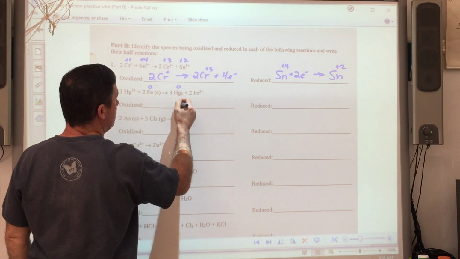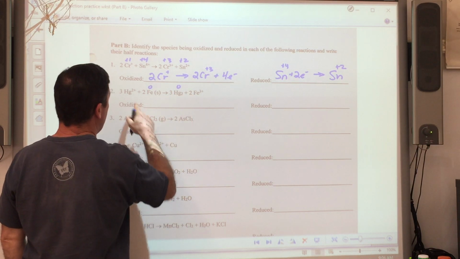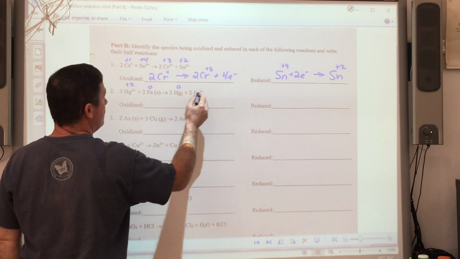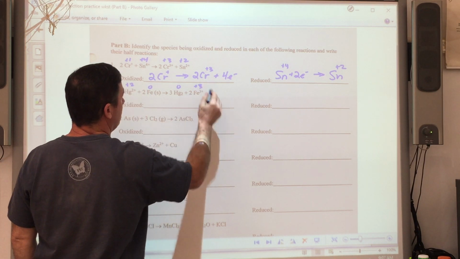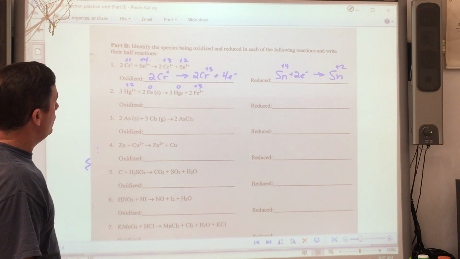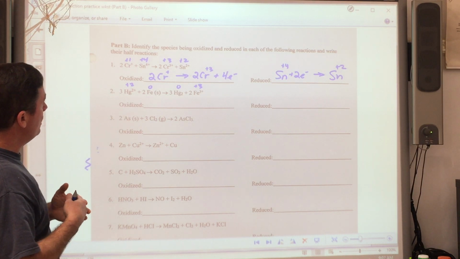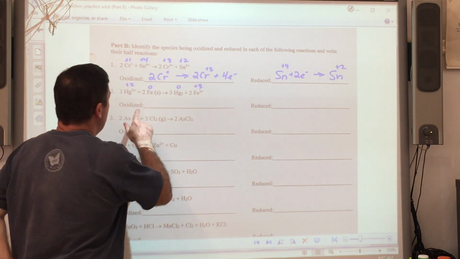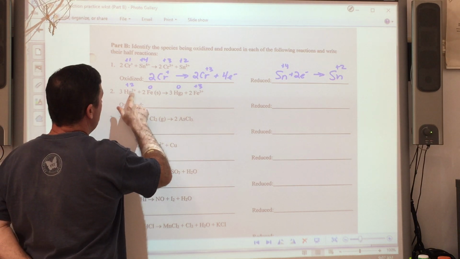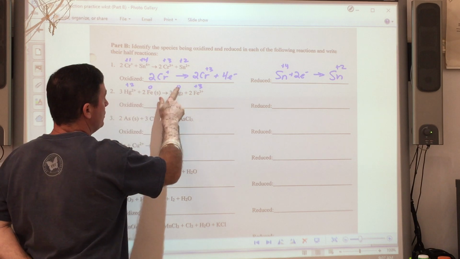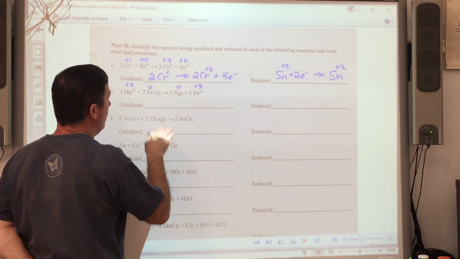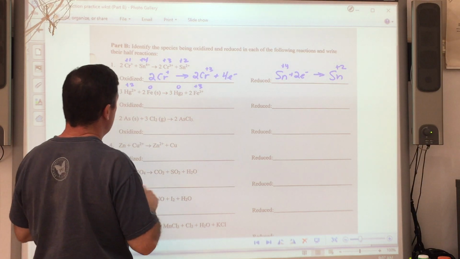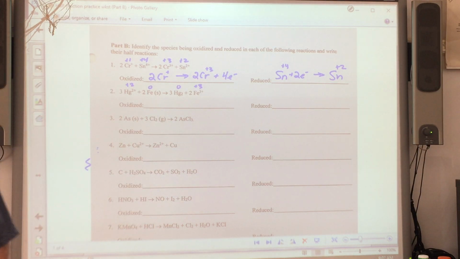That's a 0. It's a diatomic mercury, actually. And then charges of monatomic ions are the same as what they are. So, which is getting oxidized and which is getting reduced? Well, you can see that the mercury goes from a +2 to 0. That's oxidation number goes down. So that's getting reduced. So we can put that one over there.